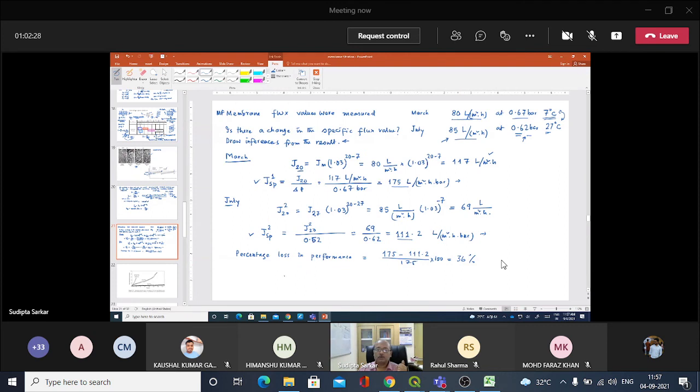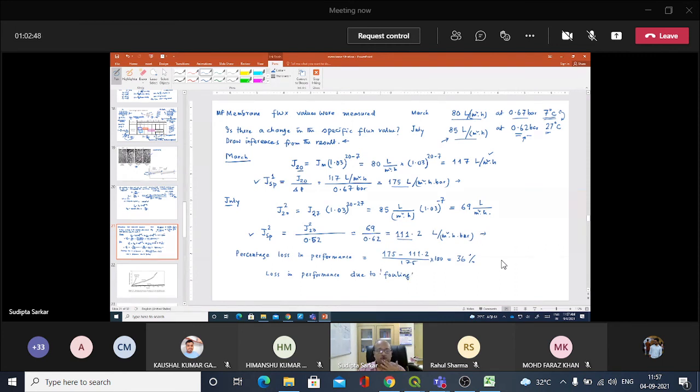What might be the cause of the loss in performance? Yes, the loss in performance is due to fouling, because your membrane has got fouled. That is why the performance is lower.